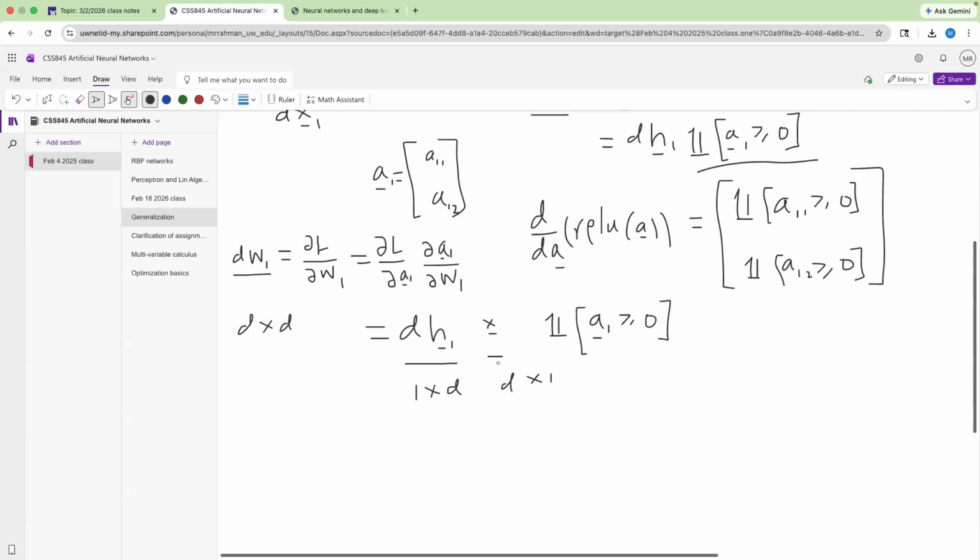So to make this work, we basically just need to reverse this. So this X should actually come here in front, and this should go here. That way we have the proper dimensions. So this should actually be X bar times dH1 bar. Then you have a D by D matrix followed by an indicator.